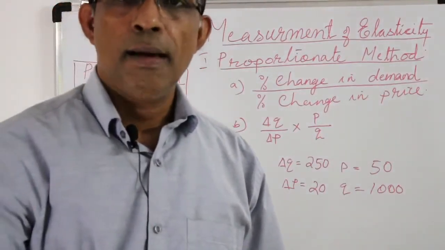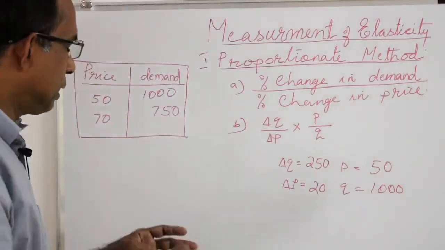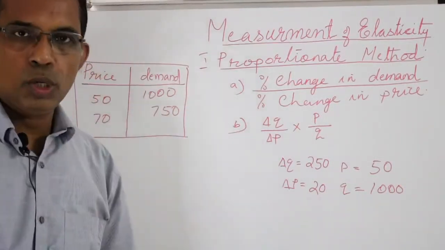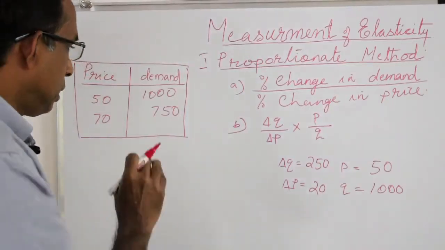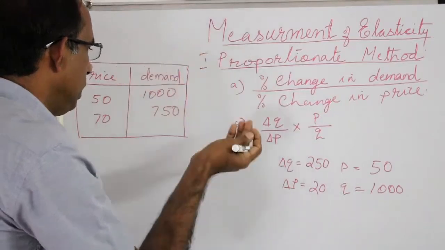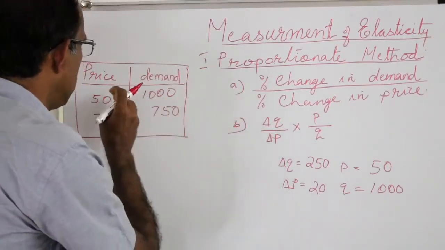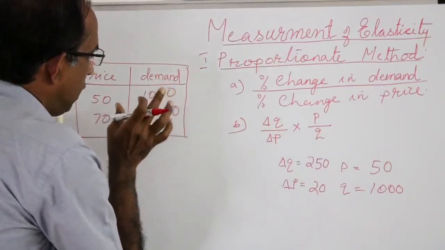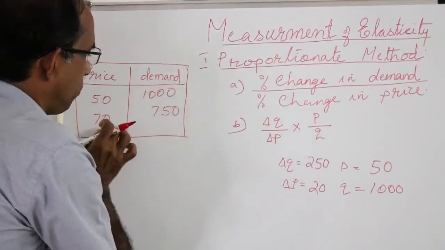Usually students make a mistake that they take new demand as delta Q. That is not correct. What is the change in demand? What happened to demand with the change in price? Here, what is the net effect on demand due to change in price?